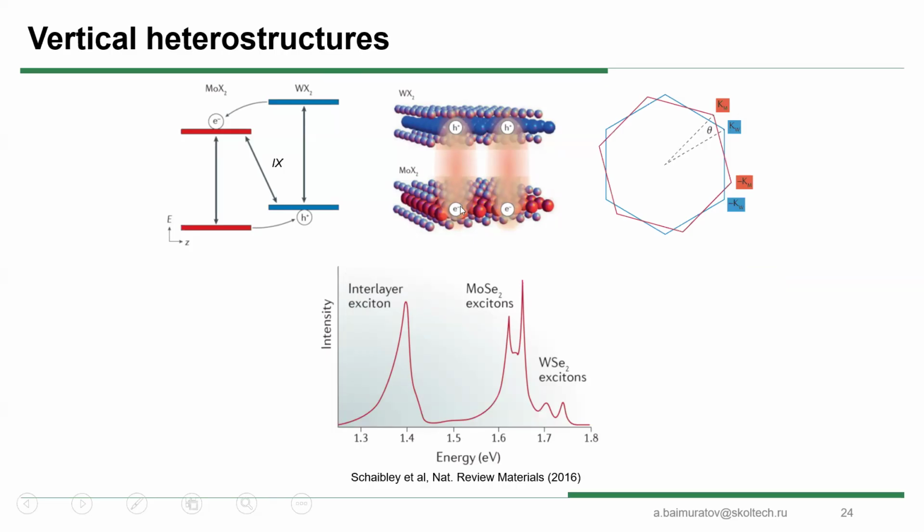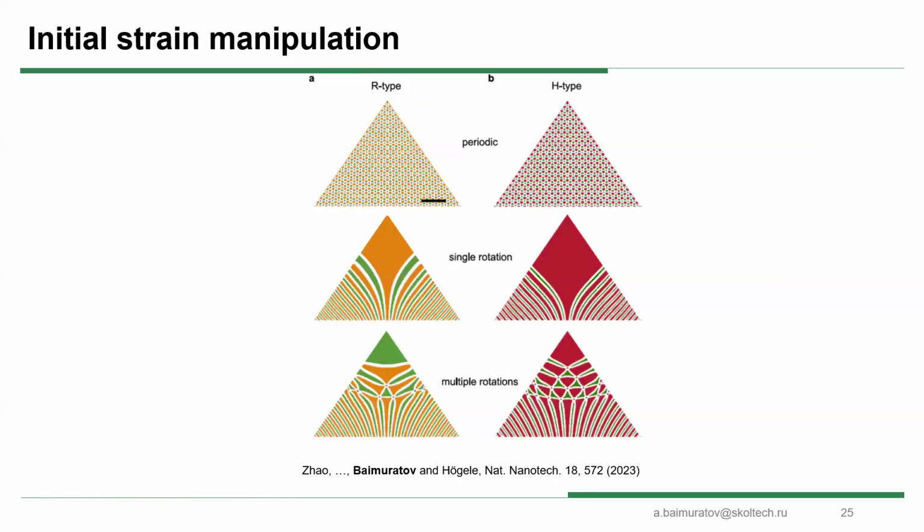It's a type 2 heterostructure, and all the low energy optics will depend only on interlayer excitons. When the hole sits in one layer, the electron sits in the other layer. And we study the possibility of initial strain manipulation, that you can build in with some initial strain.